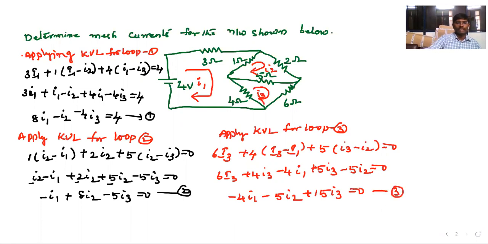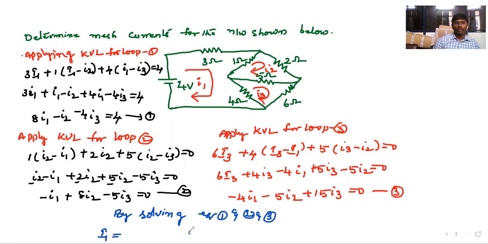Now you solve these 3 equations. By solving equations 1, 2 and 3, we get I1, I2, I3.